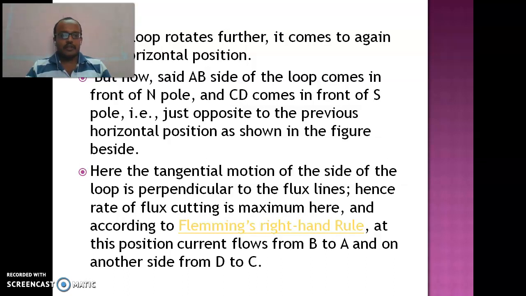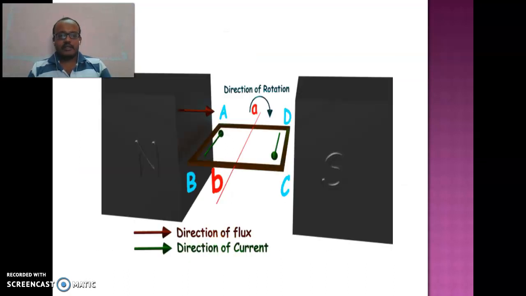Hence the tangential motion of the sides of the loop is perpendicular to the flux lines, so the rate of flux cutting is maximum here. According to Fleming's right hand rule, current flows from B to A and on the other side from D to C.